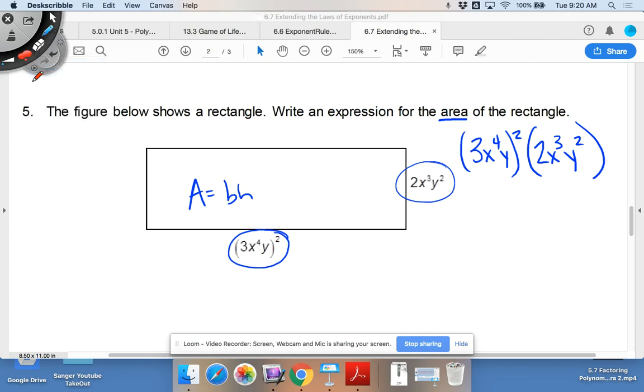Order of operations says I have to take care of this power first. So I know I have to distribute that to everything inside because it's a monomial. It's all being multiplied. So 3 squared is 9. x to the 4th to the 2nd power would be x to the 8th.